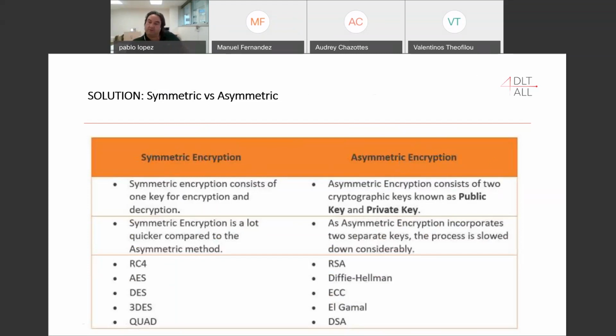Do we need speed, or do we need security? If we need faster transactions, symmetric encryption could be an option. But if we prioritize security over speed, we need asymmetric encryption. Okay?